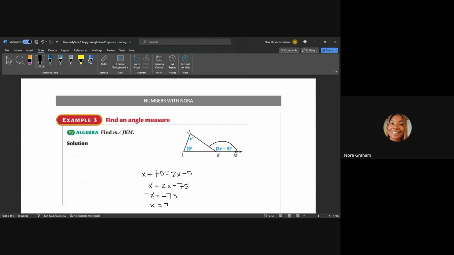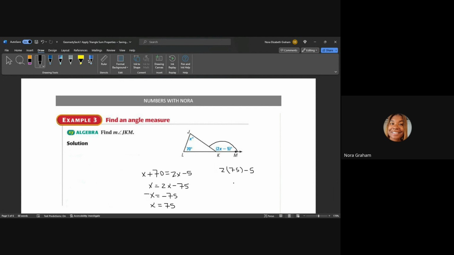But we're not done yet. They didn't ask me to just find X. They asked me to find the whole angle, JKM, this one right here. So now we're just going to have to use substitution. Everywhere I see an X, I'm going to put 75 minus 5. And I just keep on solving down.